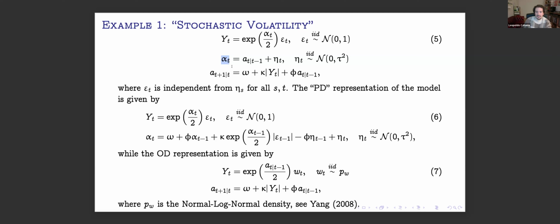Also, we can easily construct confidence intervals around point estimates of the state variable, like we usually do in parameter-driven models. And I have an example later regarding this.